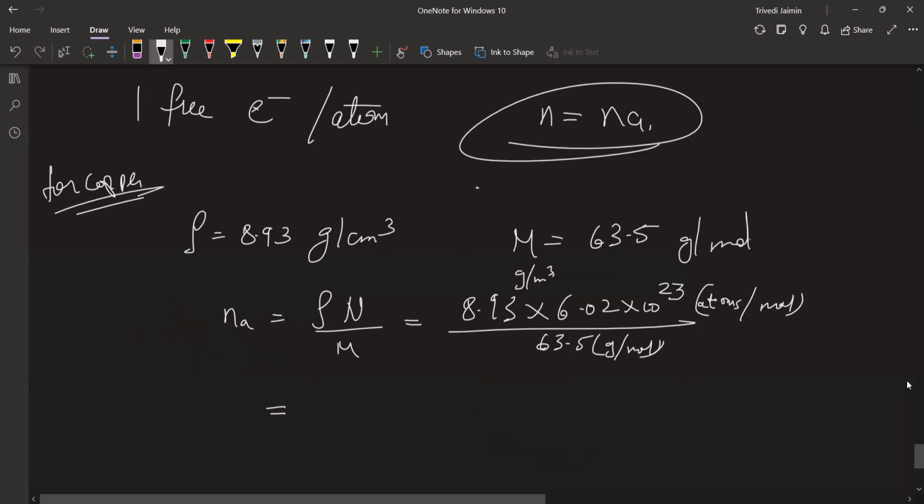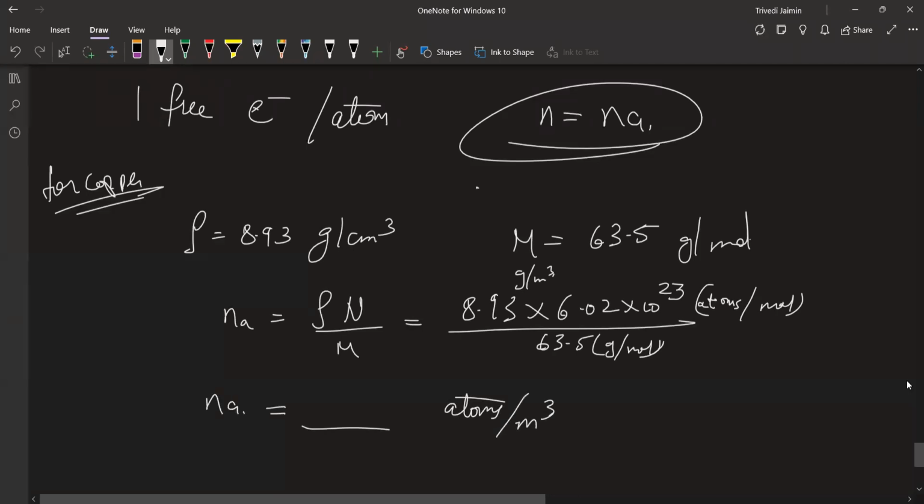So if we multiply, how much will we get? 8.93 into 6.02, multiply and tell me what we are getting here. 6 and 6, if we cancel, it will be almost around 8. Multiply and tell me. Gram down, mole down, so something into atoms per centimeter cube.